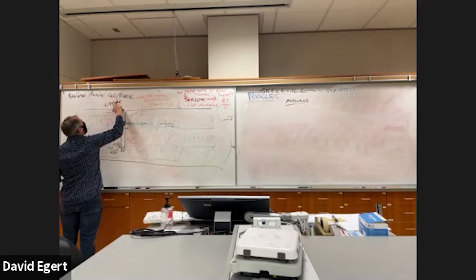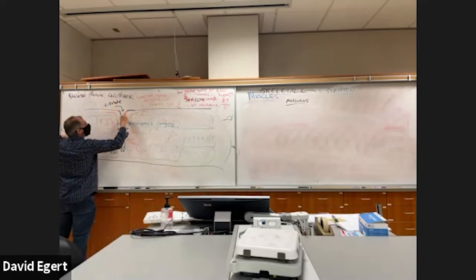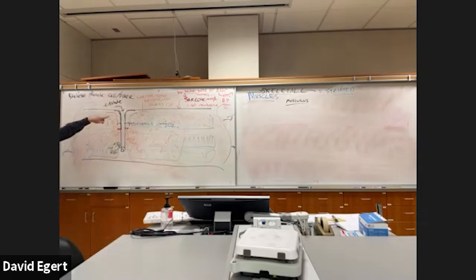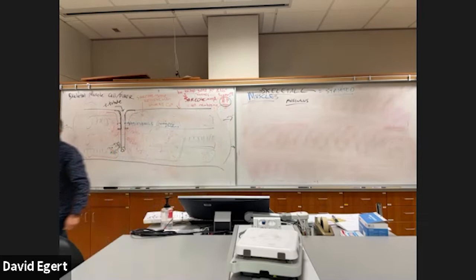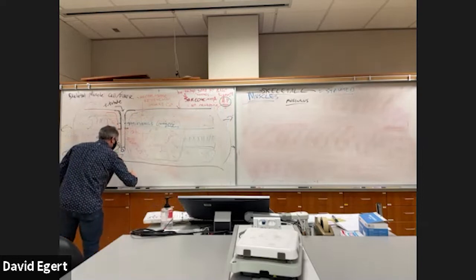T-tubule means transverse tubule, because these are little invaginations of cell membrane. This is sarcolemma going down into the cell. The action potential on the sarcolemma is what triggers the release of calcium from the sarcoplasmic reticulum into the cell.